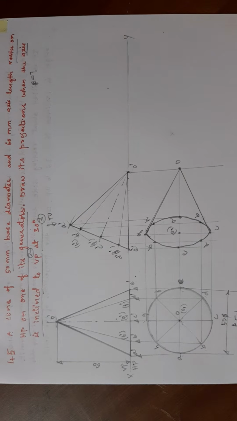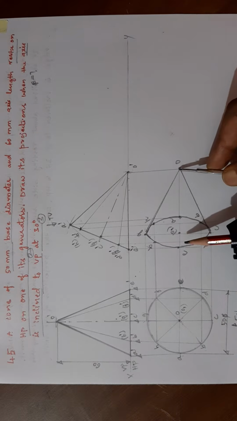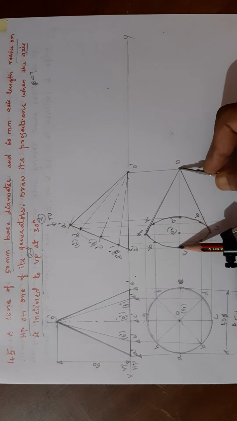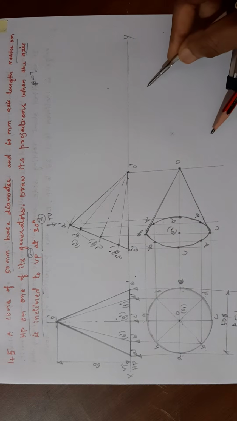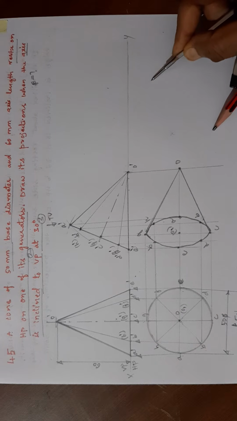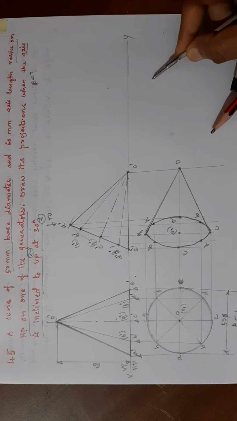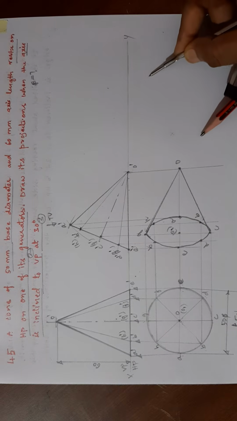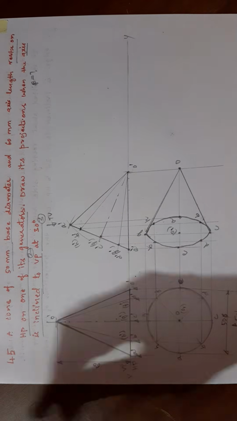Now before finding out the beta angle, measure the width of the top view here, and we have to keep it like this. Draw a horizontal line here.